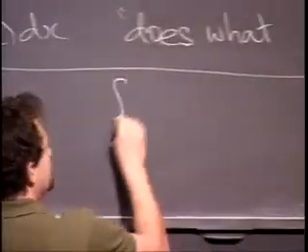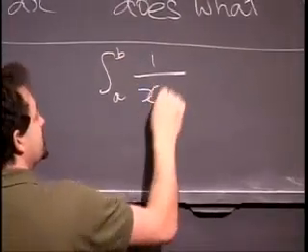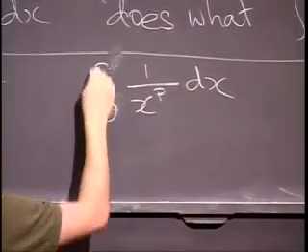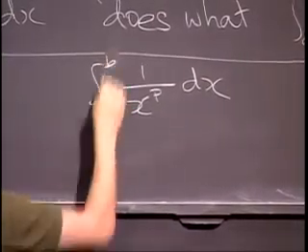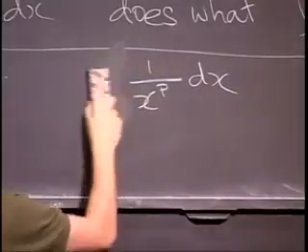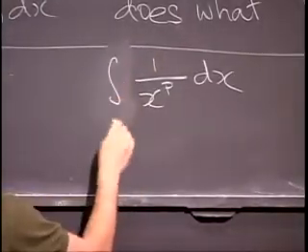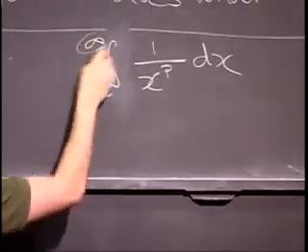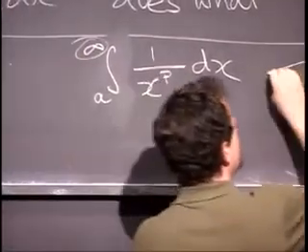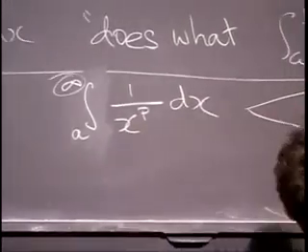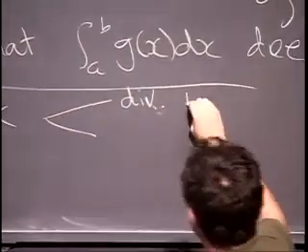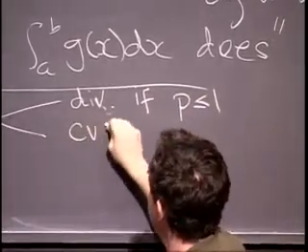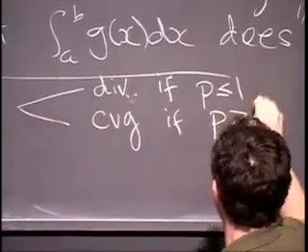So in particular, just to remind you what it says, the problem spot at 0, if the problem spot is at 0, actually I did the infinity case first, just to be consistent with what I did last time. If it goes from a to infinity, so the problem spot here is at infinity, you need to know that this diverges if p is less than or equal to 1, but converges if p is greater than 1.